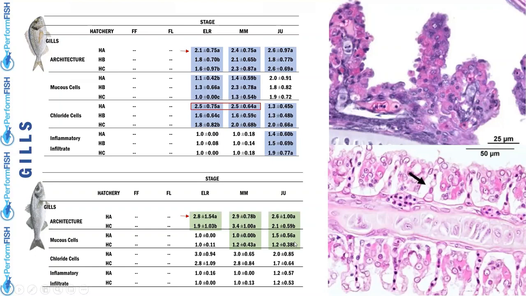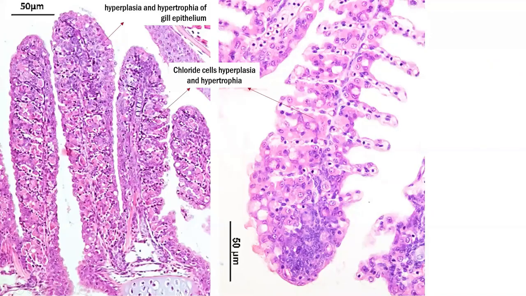It would be interesting to investigate what is the noxa of chloride cell hypertrophy, very well shown in this image, but also in this other image.